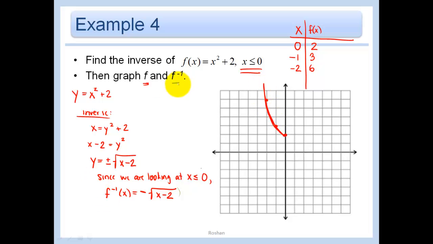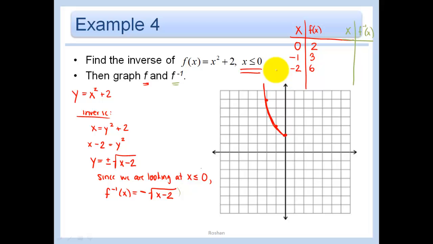All right, now let me switch to green, and we will draw f inverse. Now I'm going to make a separate table for f inverse. And the reason I'm making a separate table is, look, if I tried to put a 0 into the f inverse function, I have 0 minus 2, which is root negative 2, and that's an imaginary number.